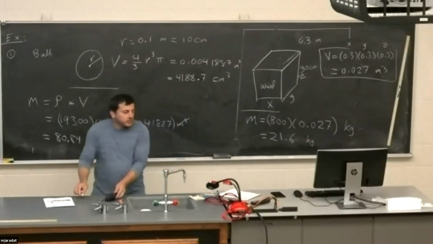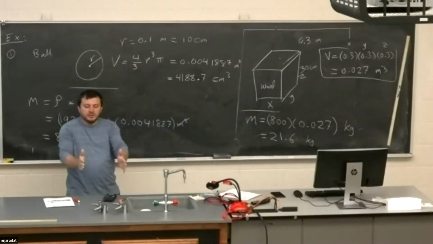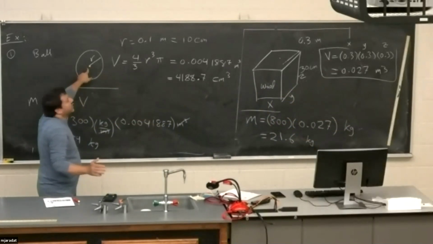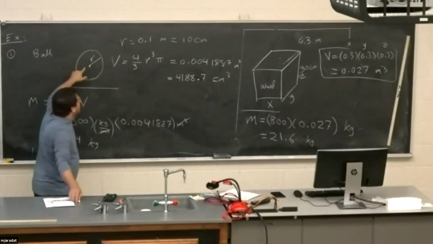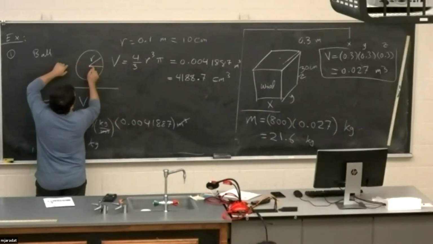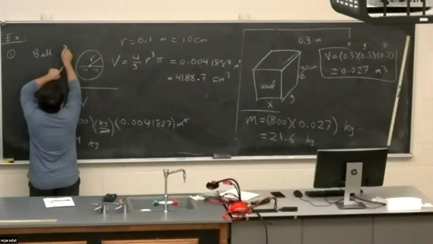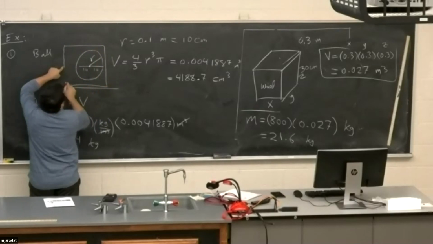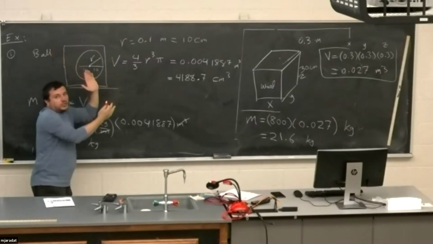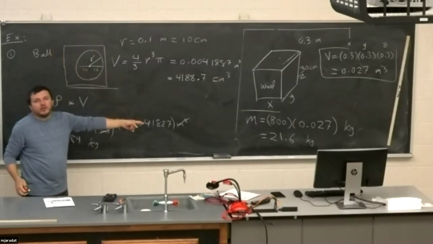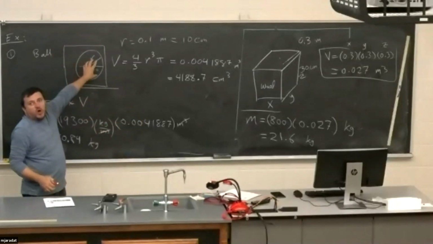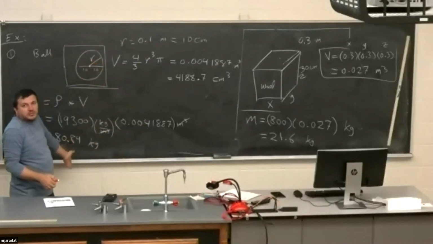It's a box, just like this. It's larger than this ball. This is 10 centimeters. This is 10 centimeters. Also, this is 10 centimeters. This is our box. This box of wood is just 21 kilograms, but this ball of gold is 80 kilograms.